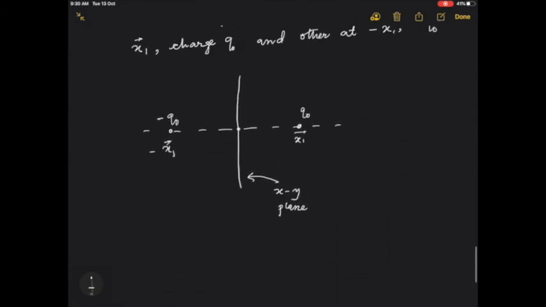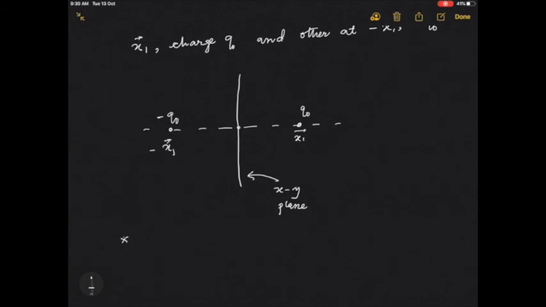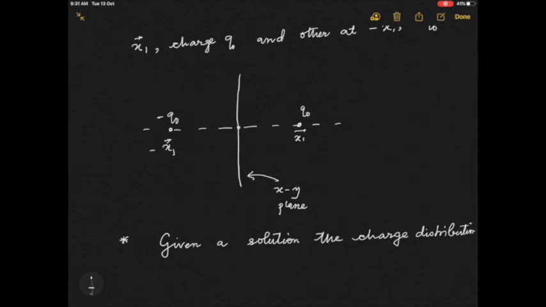Immediately you learn one thing, and this is a very important message: given a solution, the charge distribution and the boundary conditions are not unique.